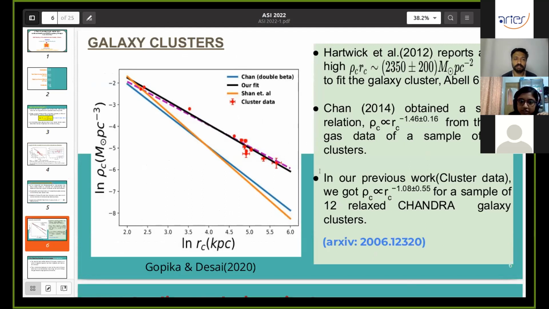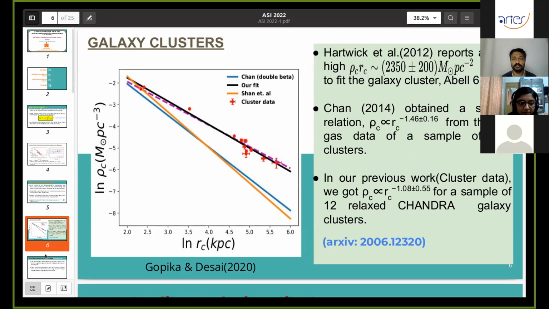In our own work with cluster data, we found that rho c is proportional to rc raised to minus 1.08, and this surface density, the product of rho c and rc, was found to be an order of magnitude greater than that found for single galaxies by the previous work. So it kind of refutes that this quantity is constant and universal.